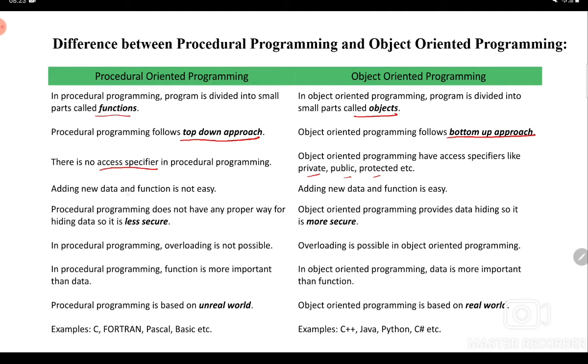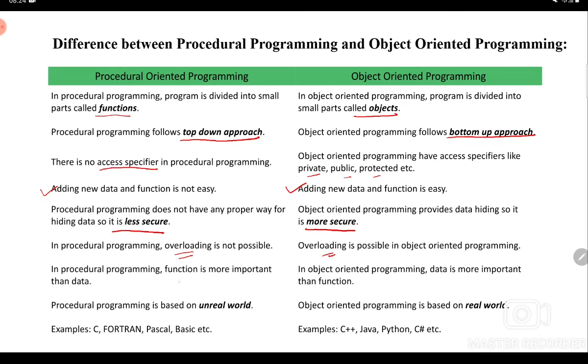Adding new data and function is not easy in procedure oriented programming, but it is very easy in object oriented programming. Procedural programming does not have any proper way of hiding the data, so it is less secure as compared to object oriented programming, which is more secure because it provides data hiding. In procedural programming, overloading is not possible. Overloading is possible in object oriented programming.